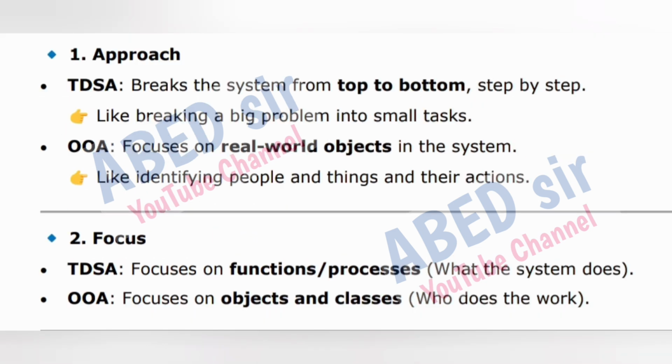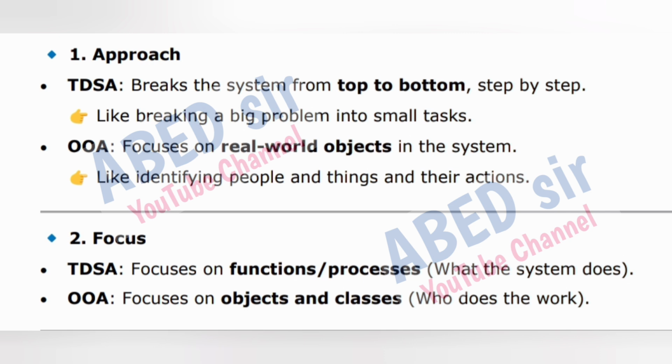1. Approach. TDSA breaks the system from top to bottom, step by step, like breaking a big problem into small tasks. OOA focuses on real-world objects in the system, like identifying people and things and their actions. 2. Focus.